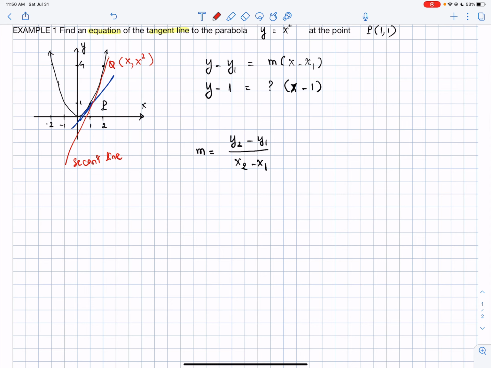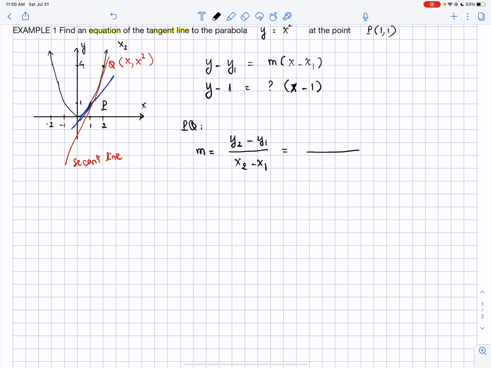So first of all, I need to find the slope of the line PQ. Now let me plug in y2 and x2, which is the point Q. That will be x squared minus 1 over x minus 1.